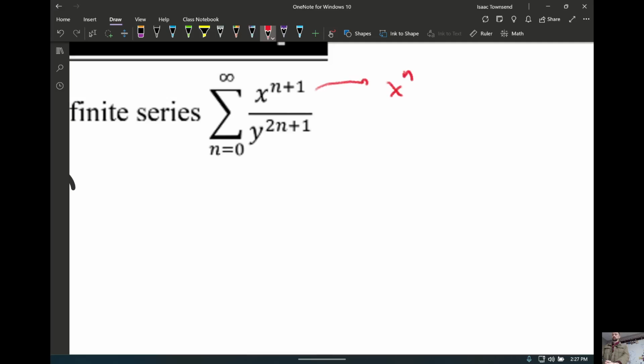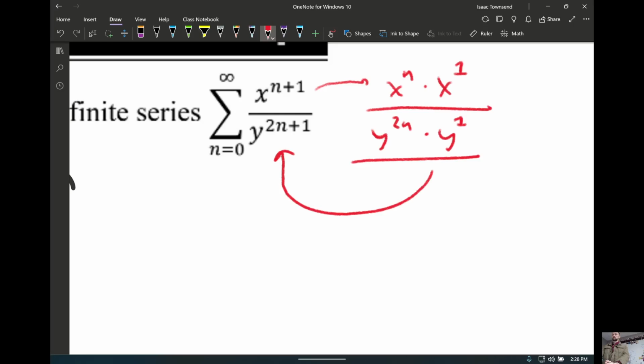This is like x to the n times x to the first. You're just used to going the other direction. Multiplying things with the same base, you add the exponents, but consider splitting them apart. Same with this. Multiplying things with the same base is the same as adding the exponents. So again, you're used to going this way, just like when you do x times x is x squared, but now we're splitting them apart.